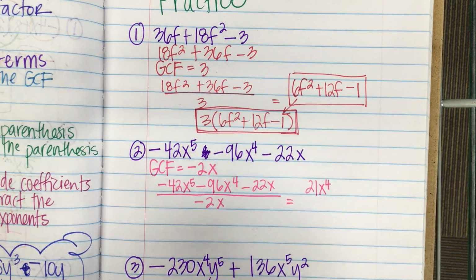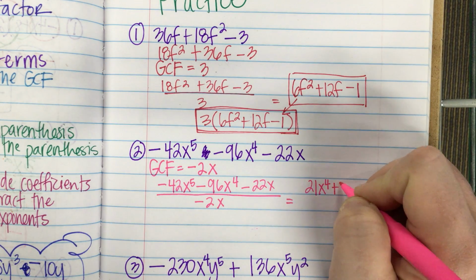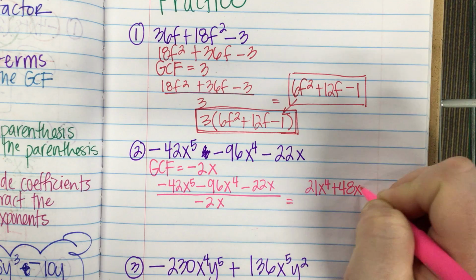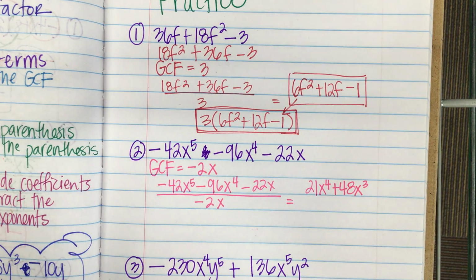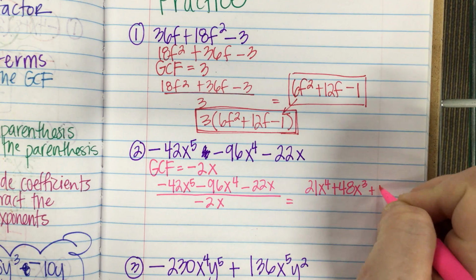X to the fourth. Negative 96x to the fourth divided by negative 2x is positive 48x to the third. Negative 22x divided by negative 2x is positive 11.